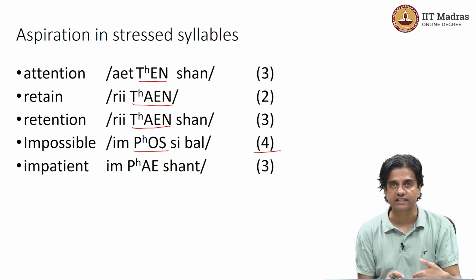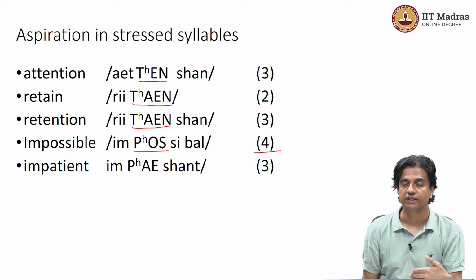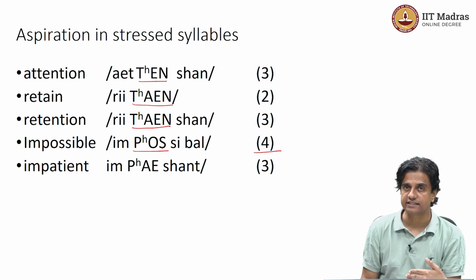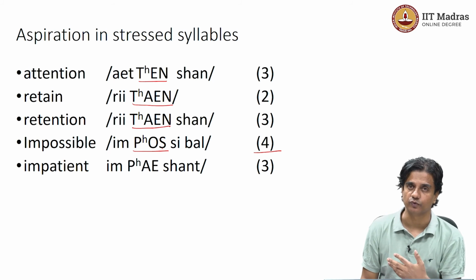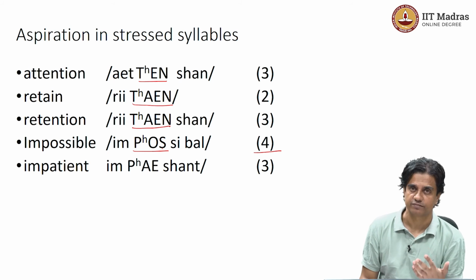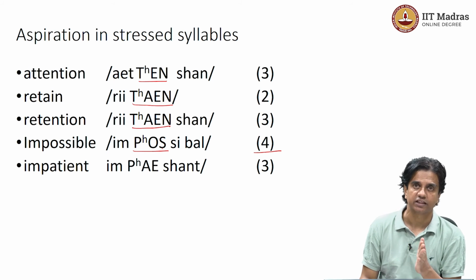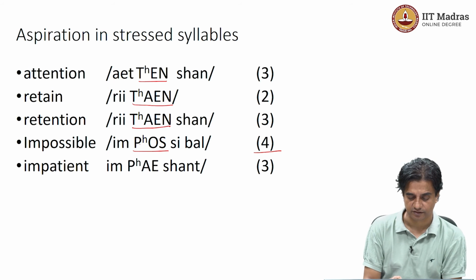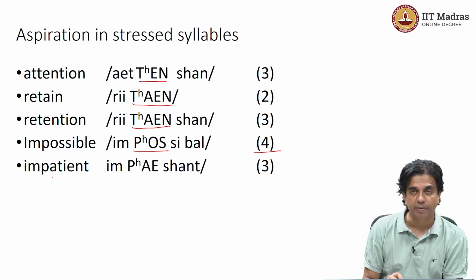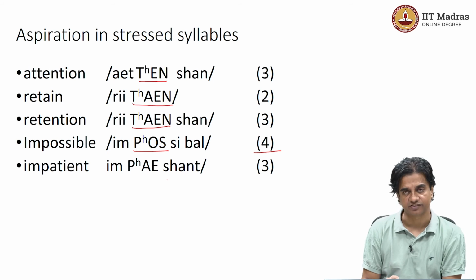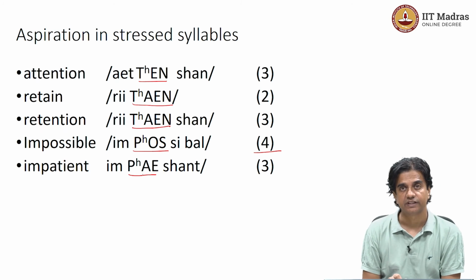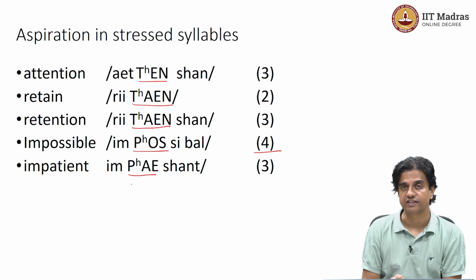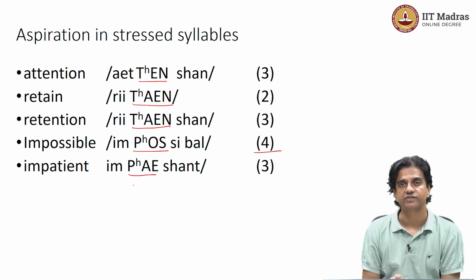So, all these examples count as application of another part of the rule, not just the first part, because they are not at the word initial position. So, impossible, impatient, three syllables, with the pa sound at the initial position of this stressed syllable. Therefore, it becomes impatient.